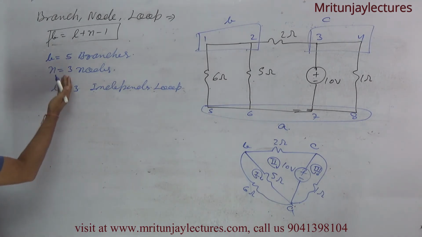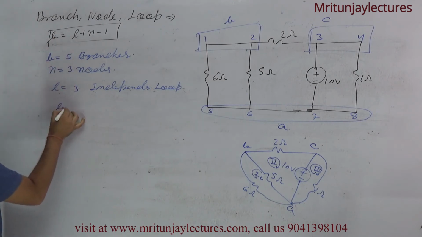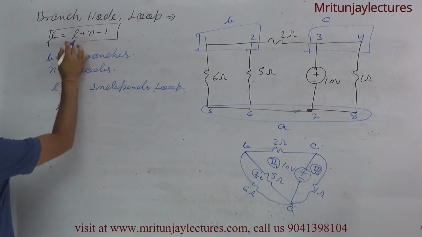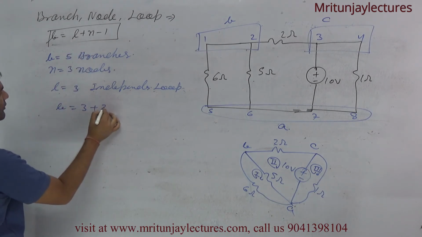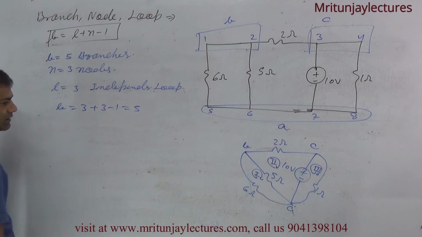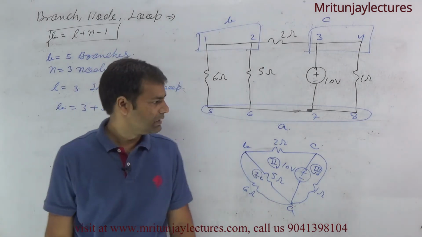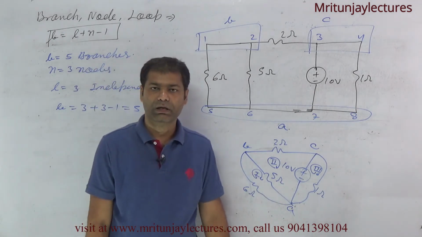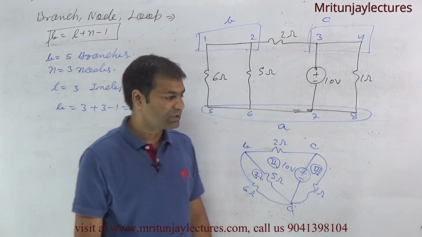If you have any doubt, then also determine with the help of this formula: B is equal to L plus N minus 1, that is 5 equals 3 plus 3 minus 1. So 3 independent loops. But our motto, we are focused on how many loops are possible in this network.